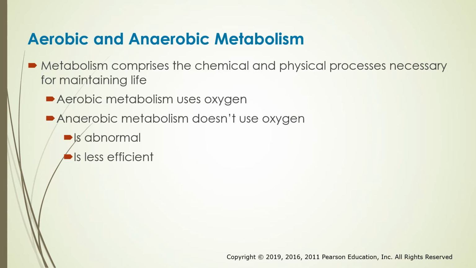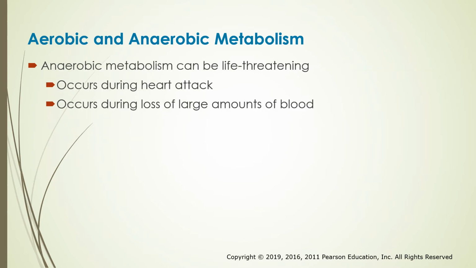So anaerobic metabolism means without aerobic metabolism. So it's abnormal, it's less efficient, and it doesn't use oxygen. It can be life-threatening. It occurs when people are having heart attacks or when they've lost a large amount of blood, because blood is what transports the oxygen around our body.